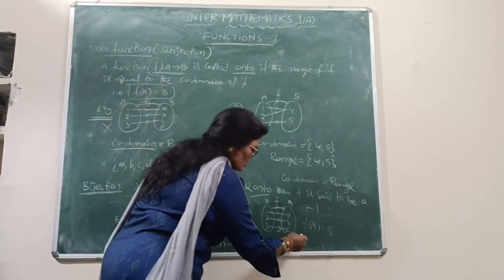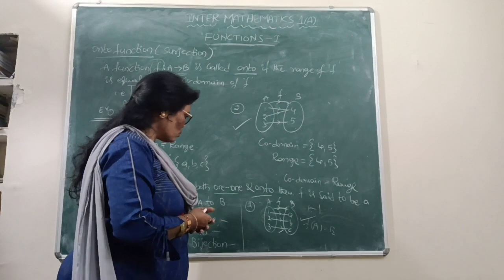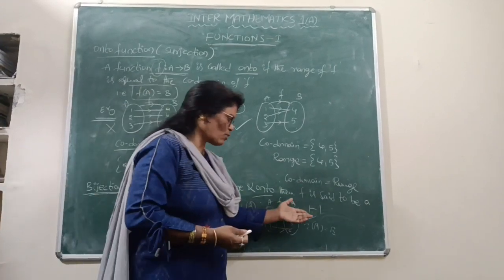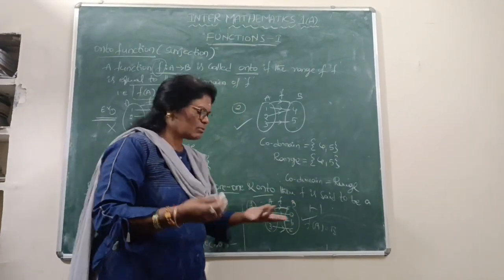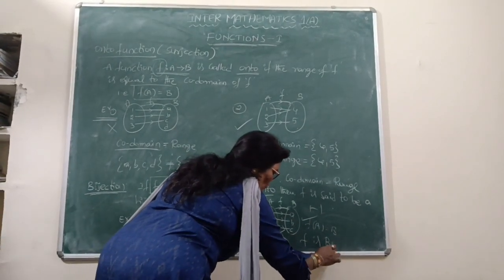So it satisfies the onto condition also. It satisfies the one-to-one condition and the onto condition, so we can say the given function f is a bijective function.